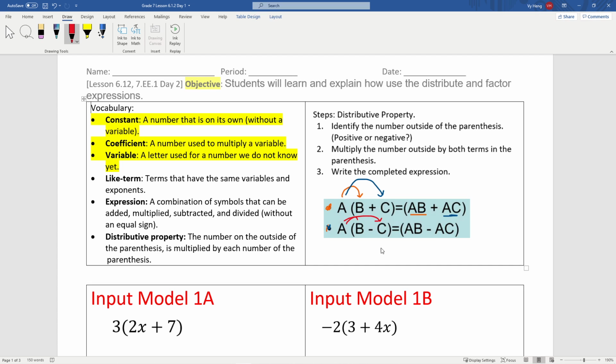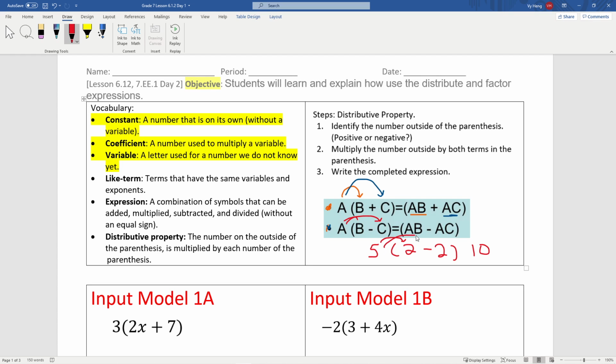It's just like using numbers. What if you have 5 times (2 minus 2)? If you multiply 5 times 2, you get 10.